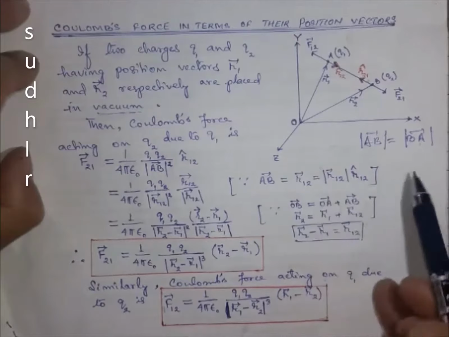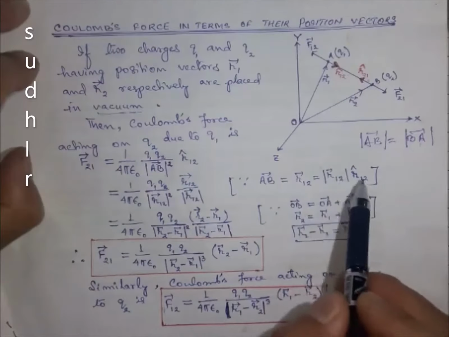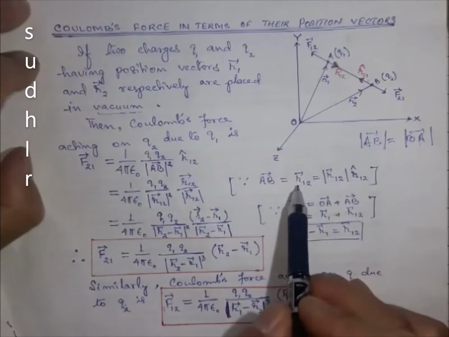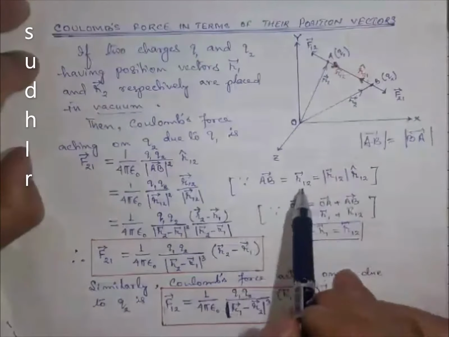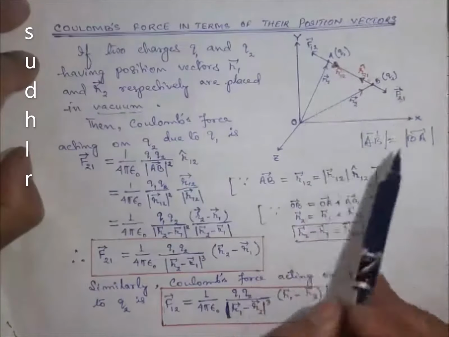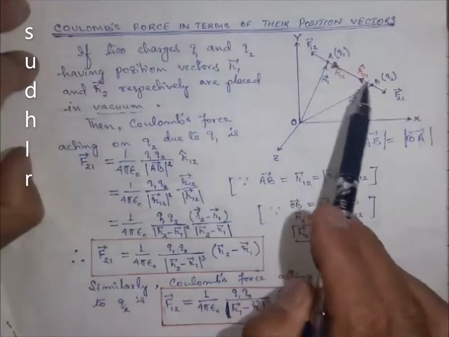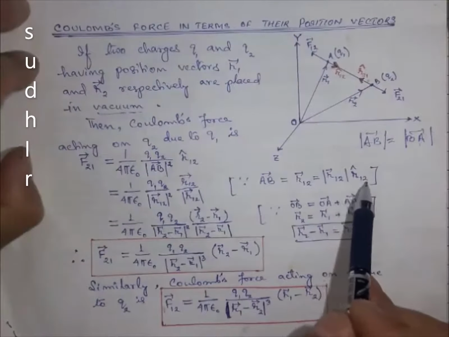If you want to write a vector quantity, it should have its magnitude as well as direction. So expressing the AB vector as R12 vector will be equal to the magnitude, the modulus of R12 vector, times R12 cap.